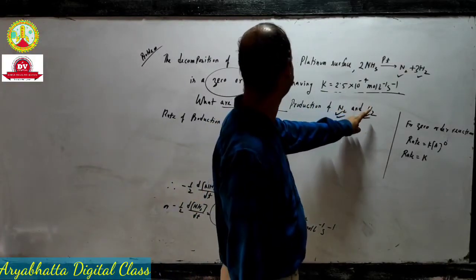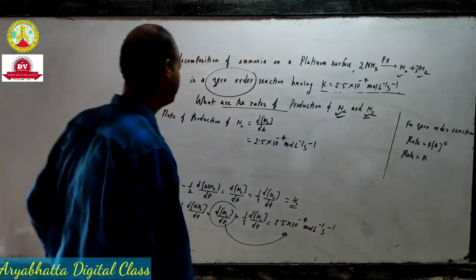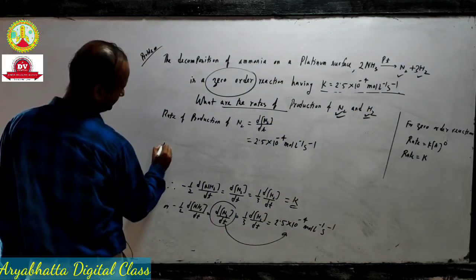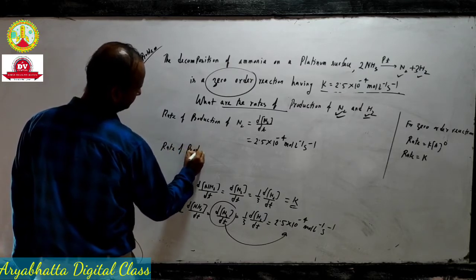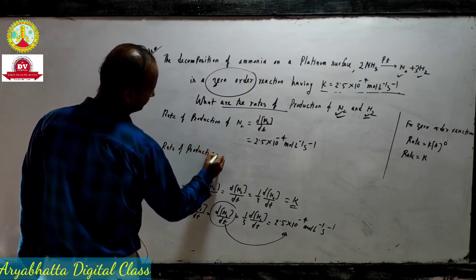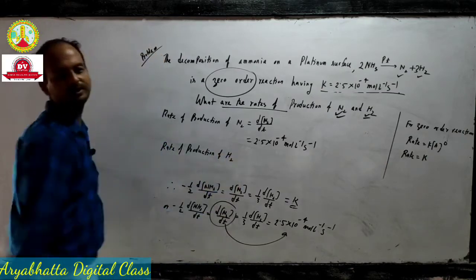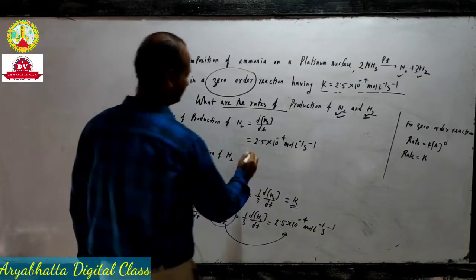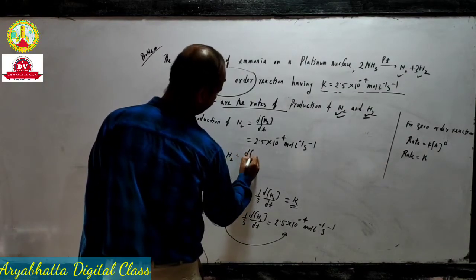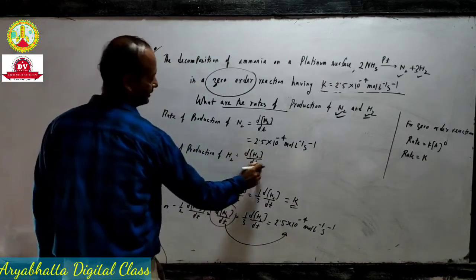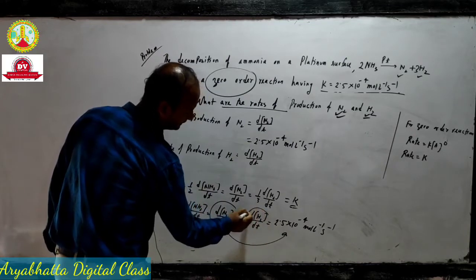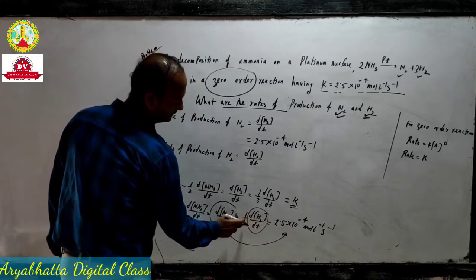Now the rate of production of hydrogen will be d[H2]/dt.